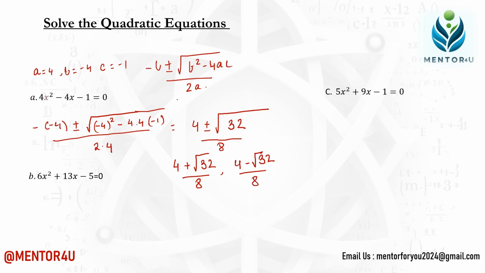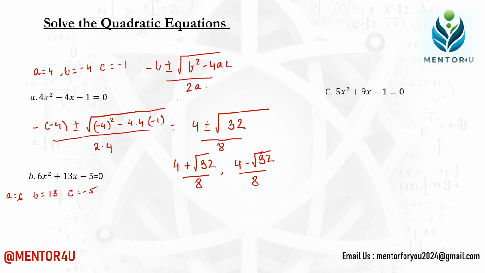So whenever we have a quadratic equation where the roots are irrational, we can use this formula to get the roots, right? Similarly, for the second question, we have a as 6, b as 13, and c as minus 5.